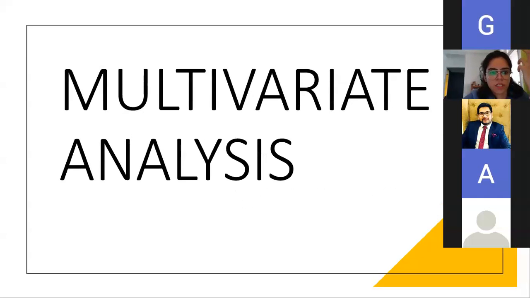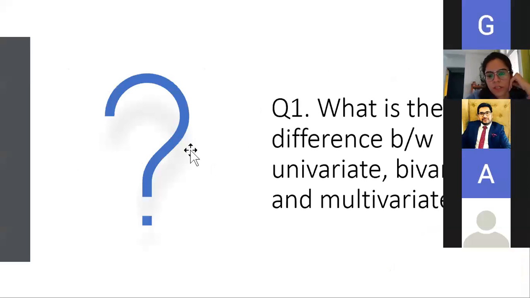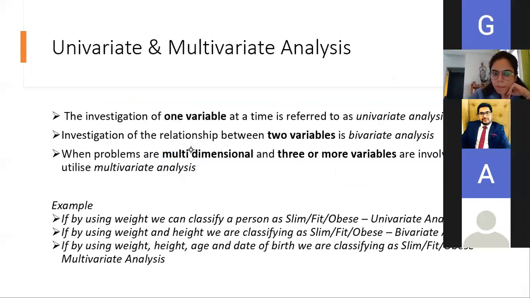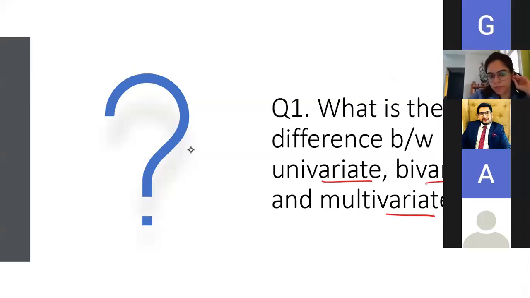So what is multivariate analysis? What do you understand by multivariate analysis? What is the difference between univariate, bivariate, and multivariate? Any idea about this? Univariate is where only one attribute is there.